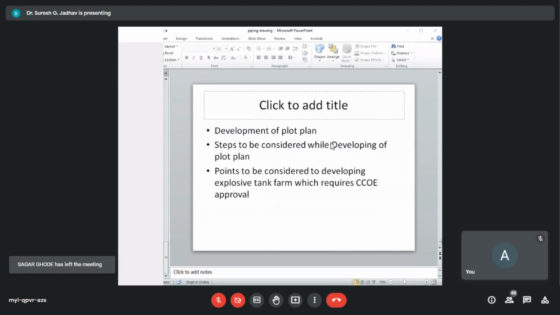First one is block dimensions. In block dimensions: process plants considering the expansion philosophies, then utilities based on the grouping philosophy and expansion requirements, electrical receiving station and substations. Next one is uncovered storage space and solid warehouses.